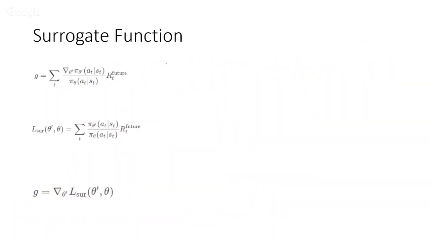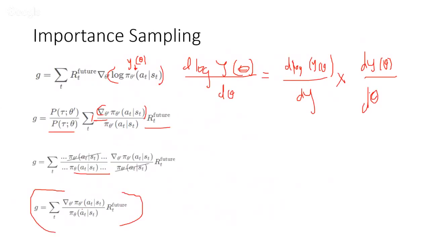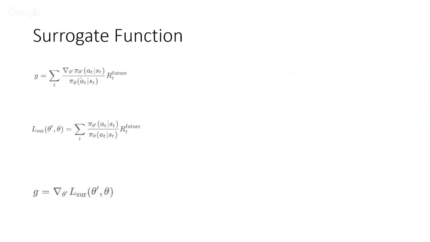Then we come to the surrogate function. Surrogate means just a substitute. So what is the substitute if we want to use the same trajectories from theta, but for theta prime? The new substitute for the previous function is this.